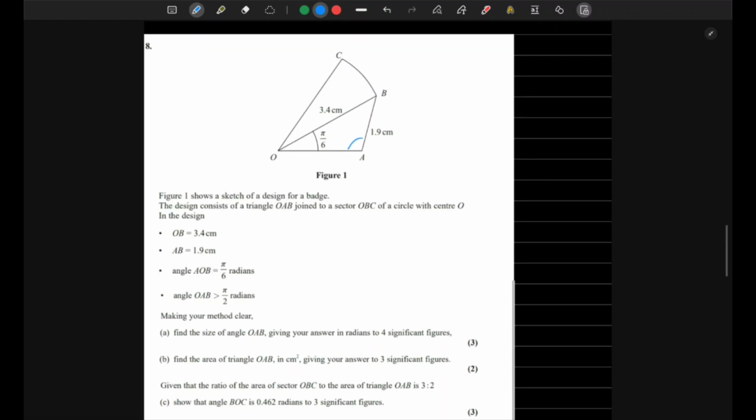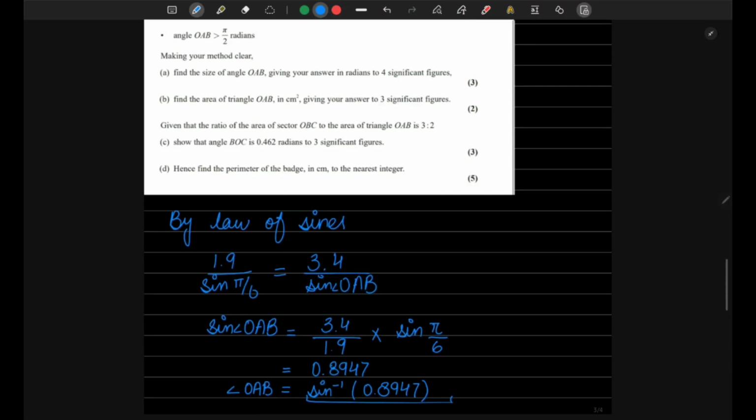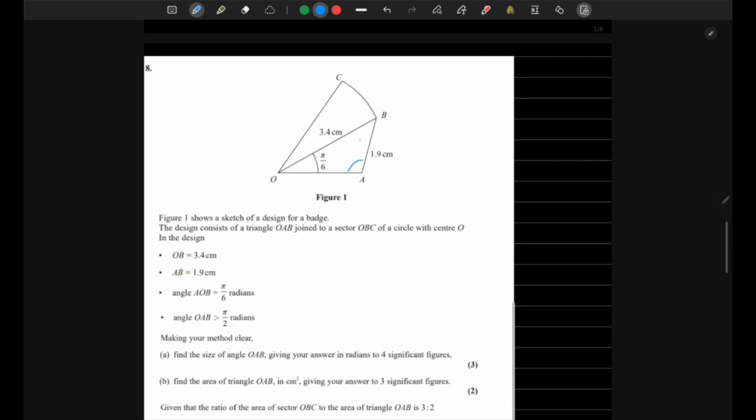But there is one thing here. Whenever you do sine inverse of some value, you get the basic angle alpha.